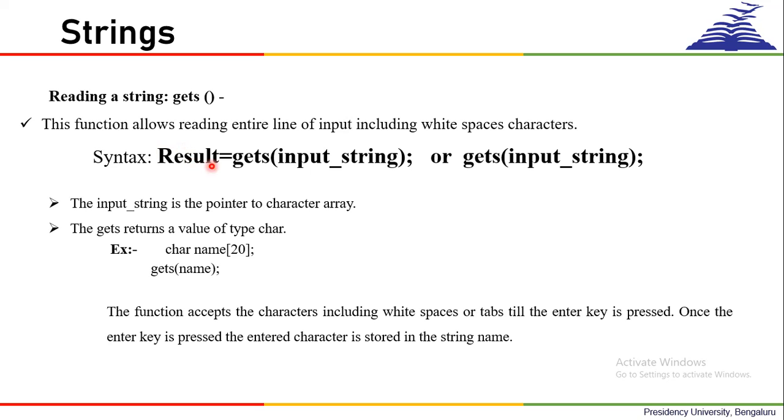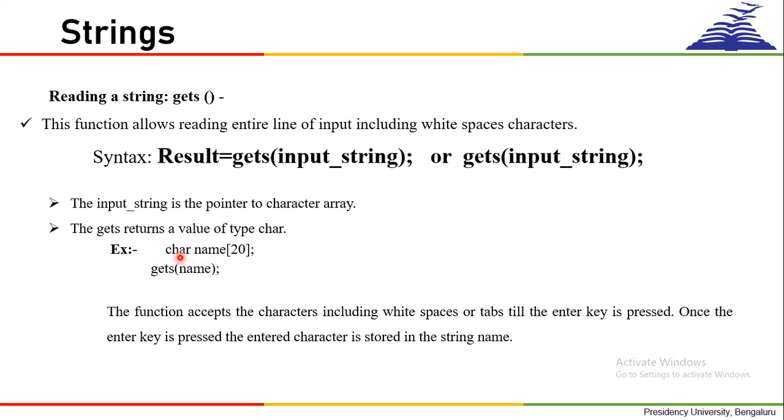There are two ways: either you can write a variable and store the value in this variable, or you can write it like this also. The function name is gets. The input string is the pointer to a character array. The gets returns a value of type char.